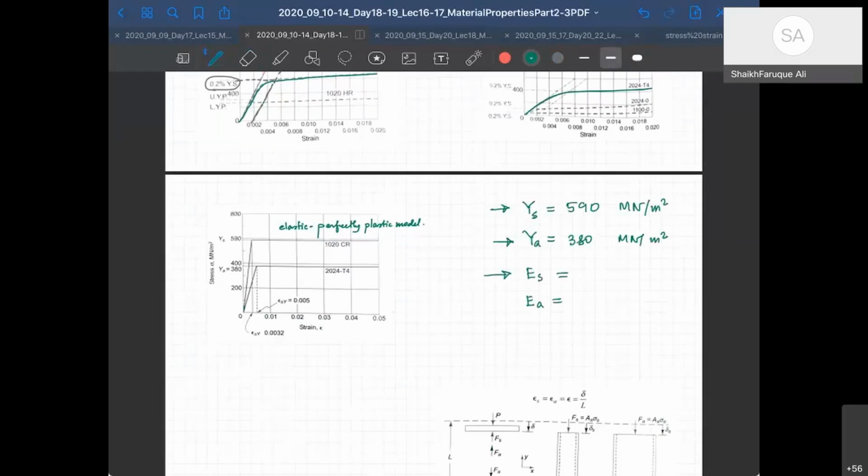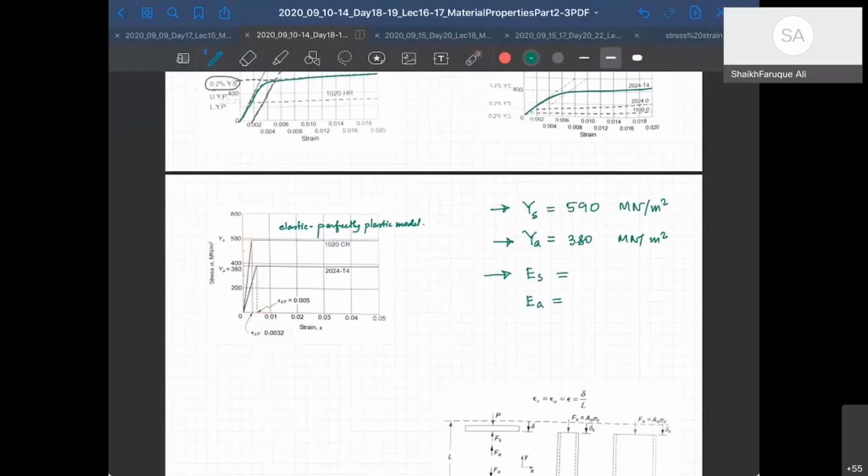Material properties, right? What is E of S? We know the final points and the strain here, so we can find the tangent of this line: this divided by this. Similarly, I can do it for the aluminium.